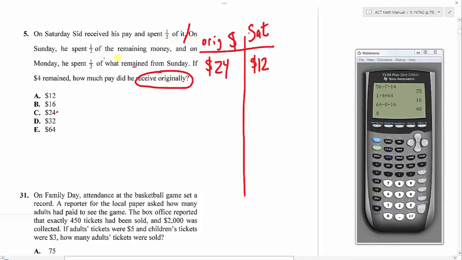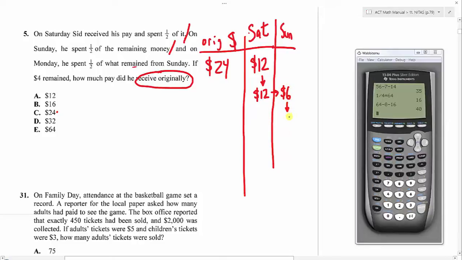Now the next phrase says on Sunday he spent half of the remaining money. So I'm actually going to do one other thing here. I'm going to write down that 12 remains because he spent 12, and that means 12 remains. He had 24, spends 12, 12 remains. So on Sunday, this says that Sid spent half of what remained, so he's going to spend 6 of that 12.